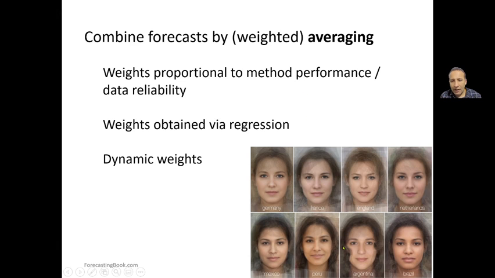Particularly, I have here the faces of very different women. What the software has done is to forecast the look of a woman from Germany, a woman from France, a woman from England, a woman from the Netherlands, a woman from Mexico.